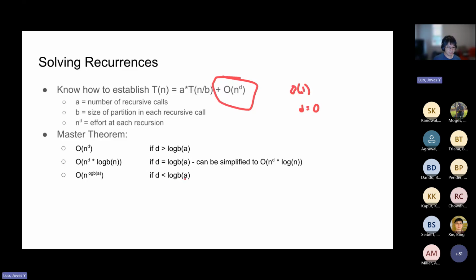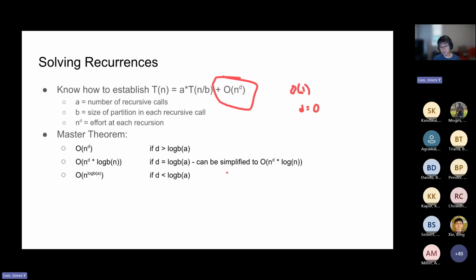I think it's typically this case right here. Or actually, I think it typically can be this case. So if your D is equal to log base b of a, this could be n to the 0, and then this can potentially be log n. Okay. All right. So those are your three cases for your master theorem.